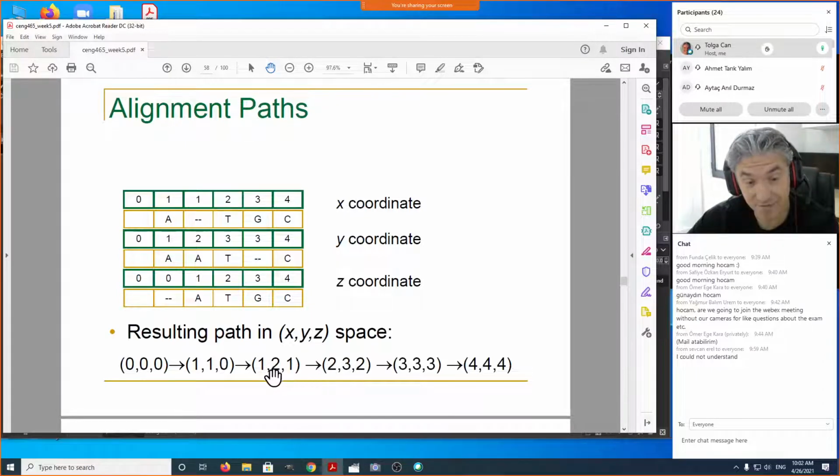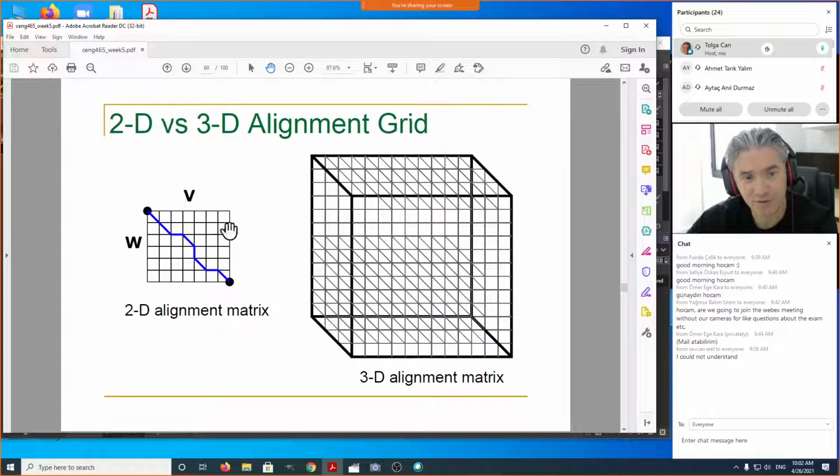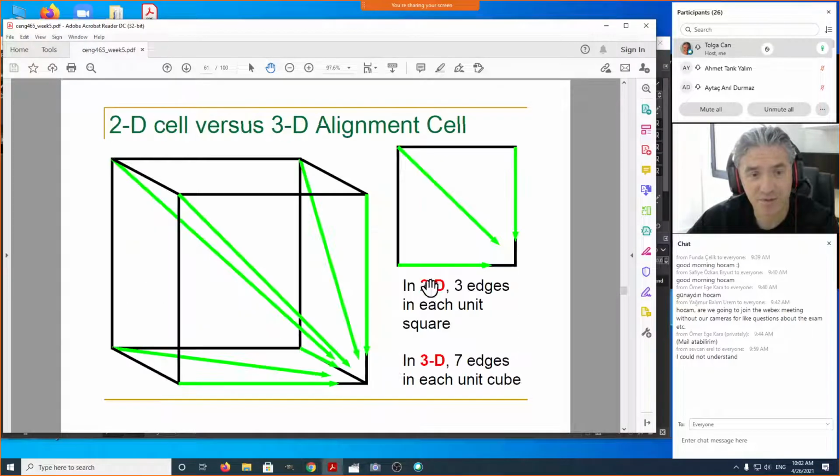Like in this case, from 1, 1, 1, if we don't have any gap, we go to 2, 2, 2. So it's just like going diagonal here. Maybe the following slide is going to show it better. The idea is the same. This was the 2D alignment matrix. This will be our 3D alignment matrix, and these will be our options.